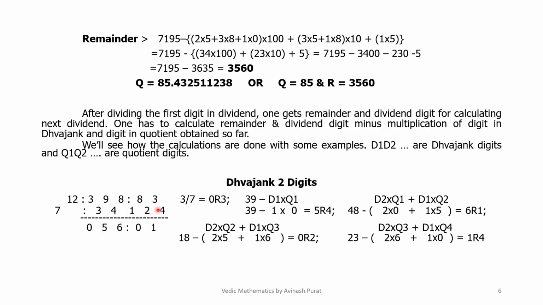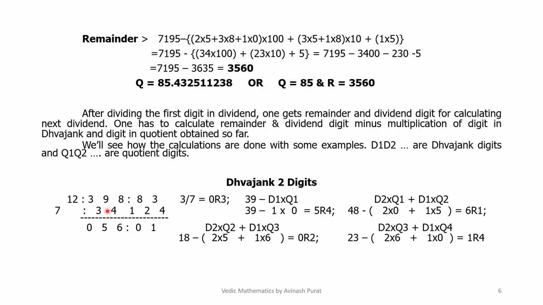3983 divided by 712. 7 is first divisor and 1 2 is Dhvajanka 2 digits. Being 2 digits, 83 is taken after decimal point. So 3 by 7 equal to 0 quotient and remainder is 3.